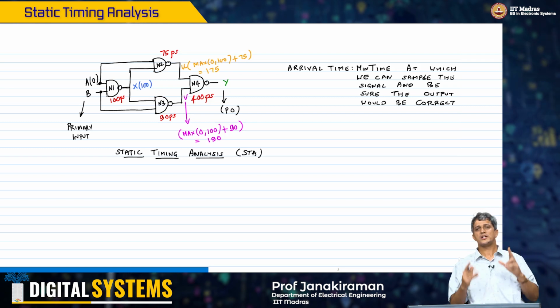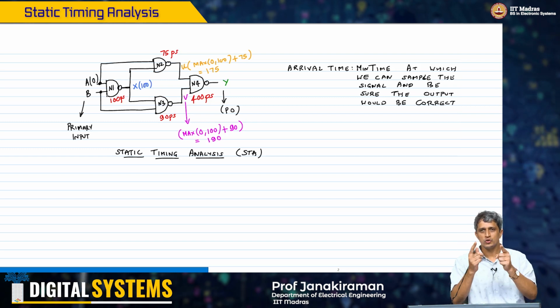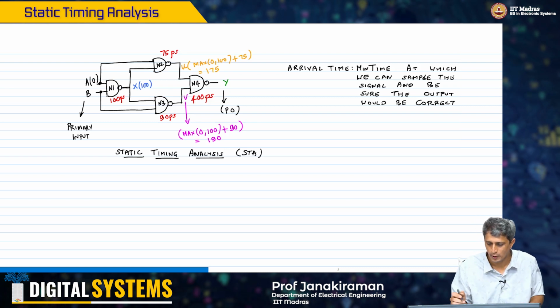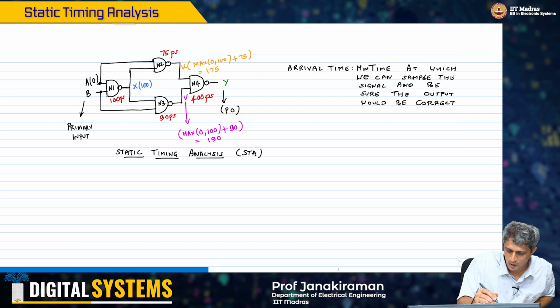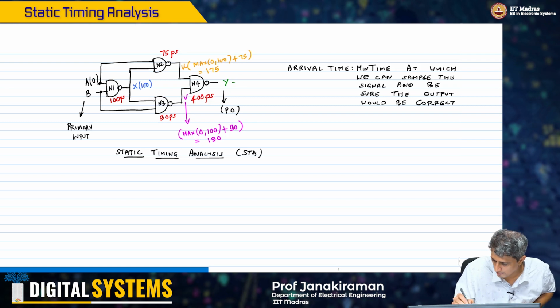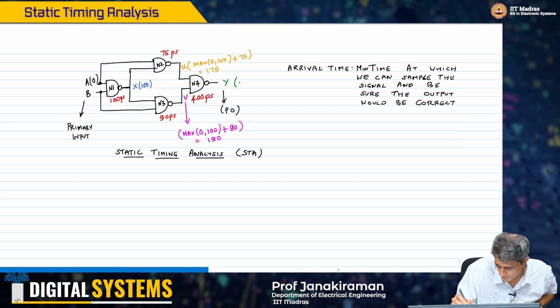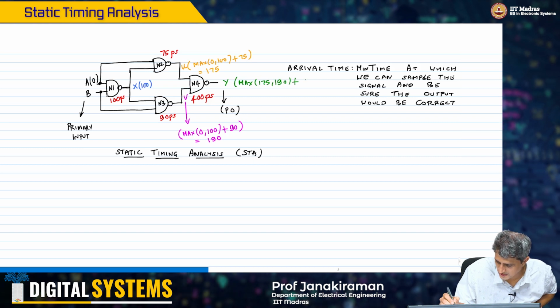Now N4 is the final gate. You have two signals, one arriving at 175 picoseconds and the other arriving at 190 picoseconds, and therefore the final arrival time is again max of 175, 190 plus 400.